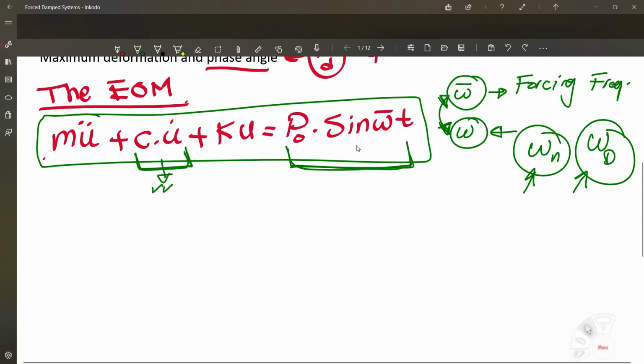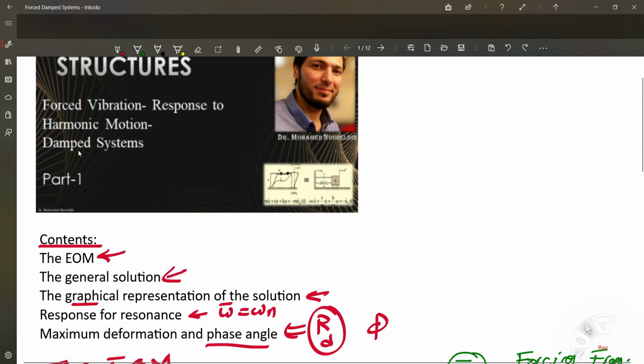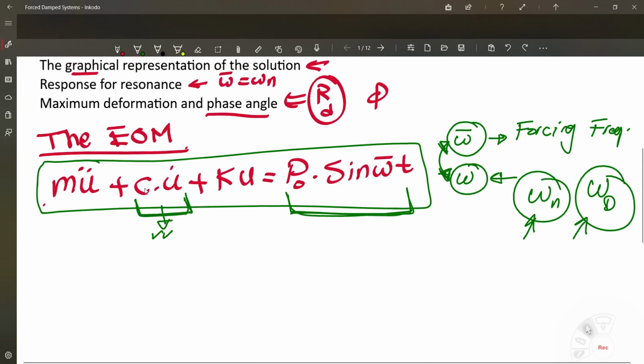This is a harmonic force that is being applied, and we are talking about a damped system. This means that this term is going to be representing the damping term. The other two terms, this is the inertia term and this is the elastic force term.